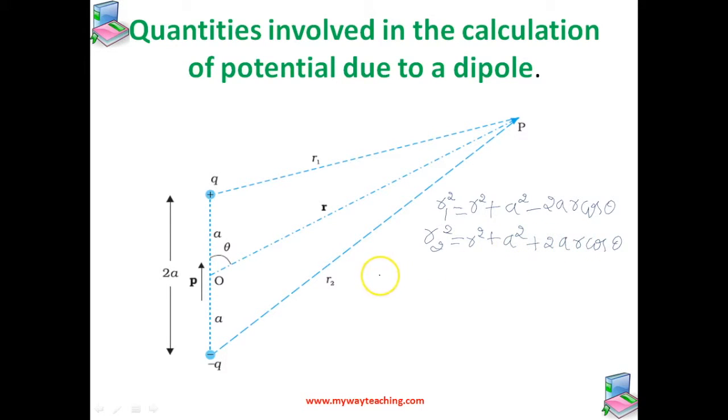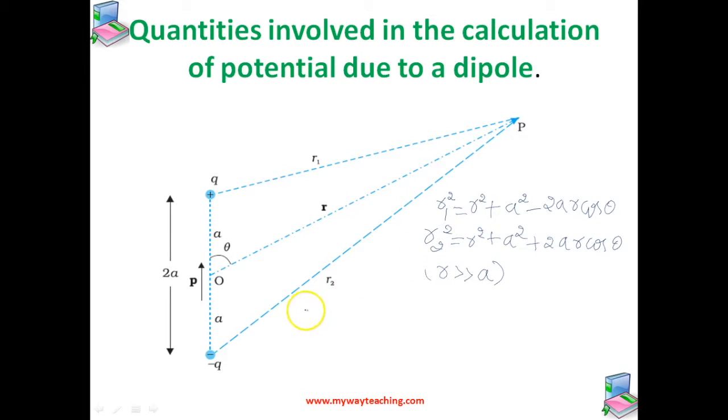So we take R much greater than a, and retain terms only up to first order in a by R.